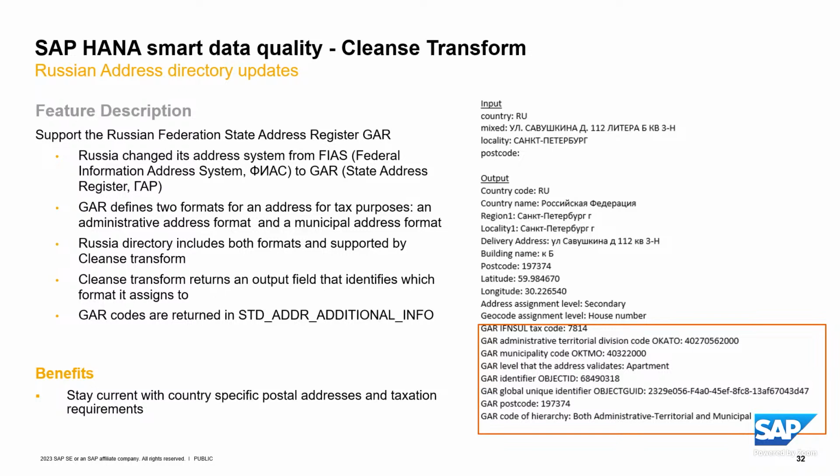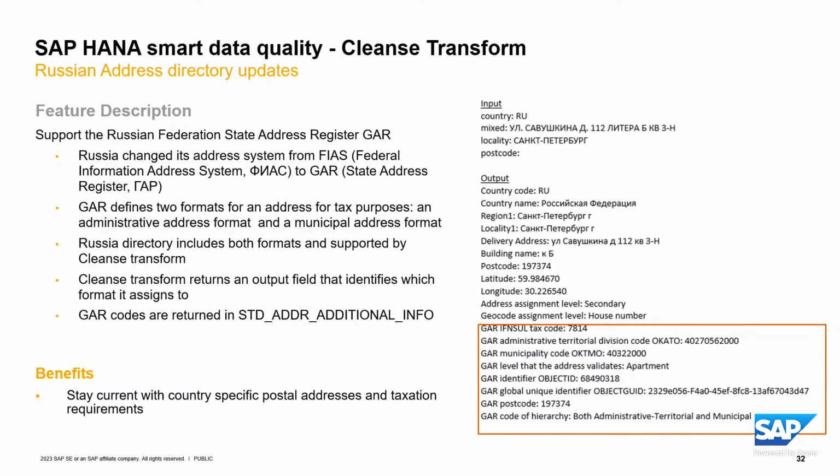The Russia directory that comes with Smart Data Quality includes support for both formats, and this is supported by the cleanse transform. The cleanse transform returns an output field that identifies which format it assigned.